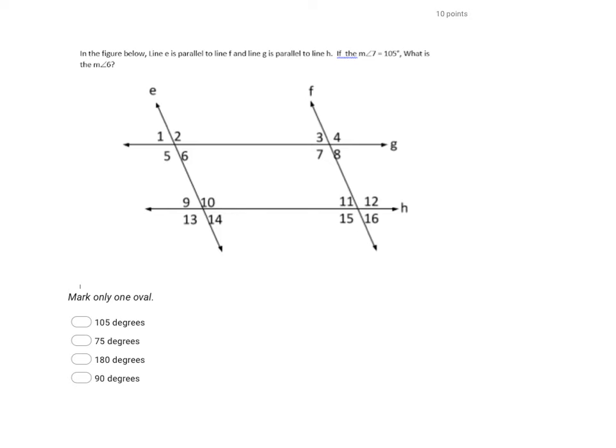Now in the next question, they're saying in the figure below, line E is parallel to line F, and line G is parallel to line H. So same given as before, but different question. So the measurement of angle 7, which is this one over here, is 105 degrees. And they're asking for the measurement of angle 6. Now if I look at angle 6 and angle 7, these are same side interior angles.